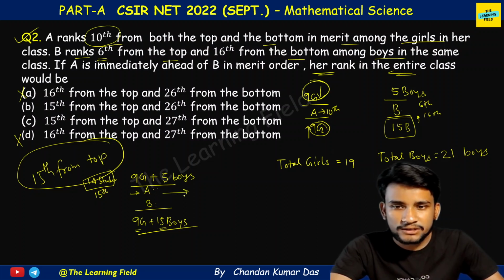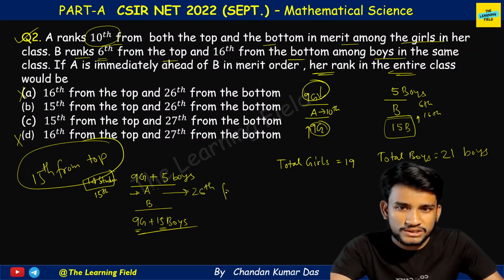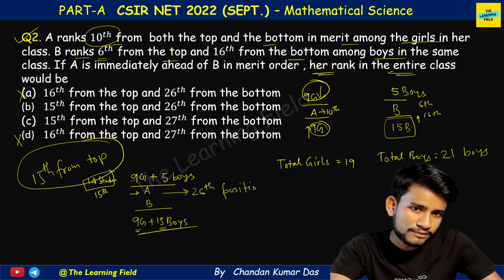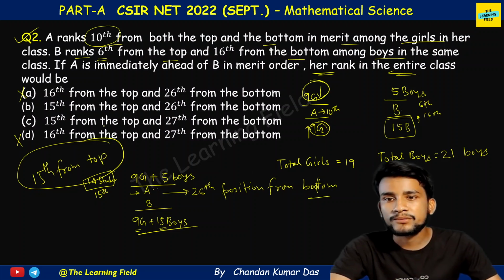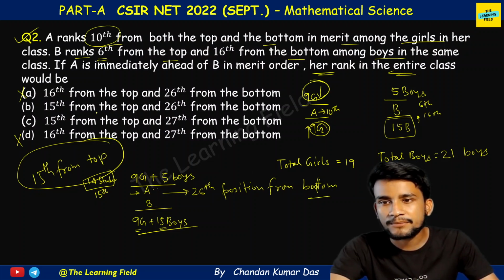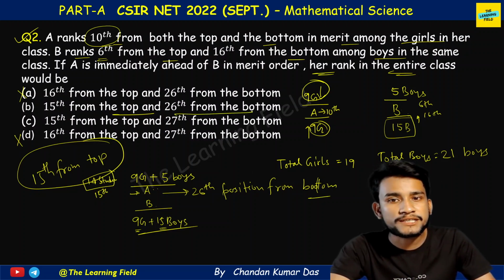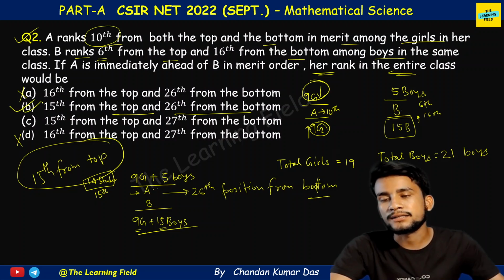So this is the 26th position from the bottom. Therefore, the correct answer is 15th from the top and 26th from the bottom. This is the correct answer, option B here. Option C is not correct.